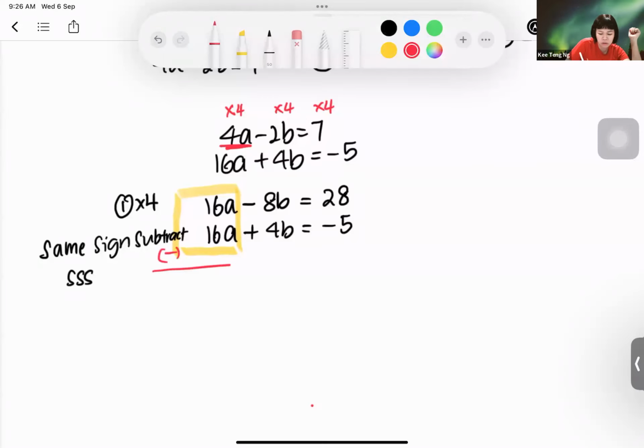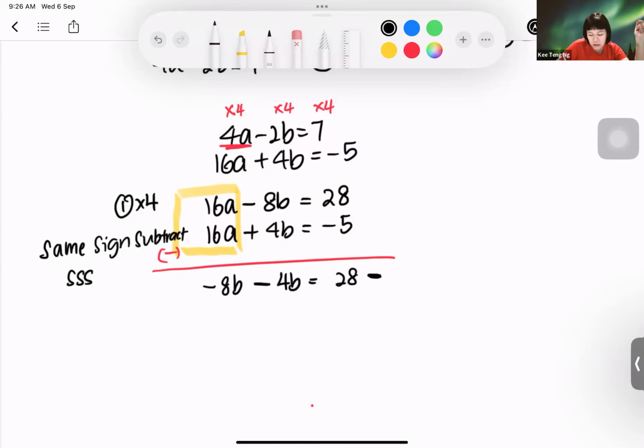For 16A, I'm going to subtract. To prevent careless mistakes, I should write it down. 16A minus 16A, no more. This is -8B minus 4B. This one is 28 minus -5. Intuitively, I usually prefer to make B the same because they are different signs and I just need to add.